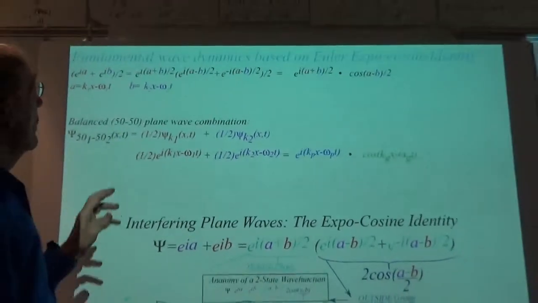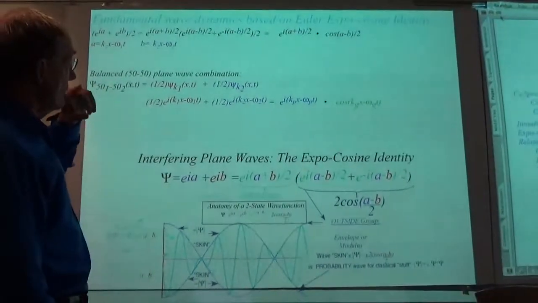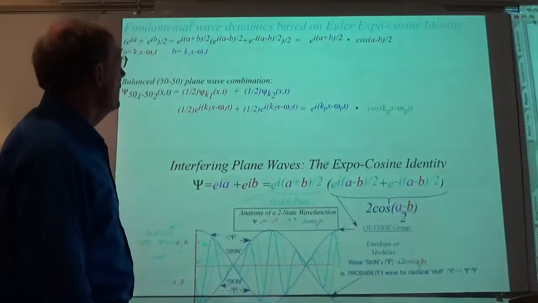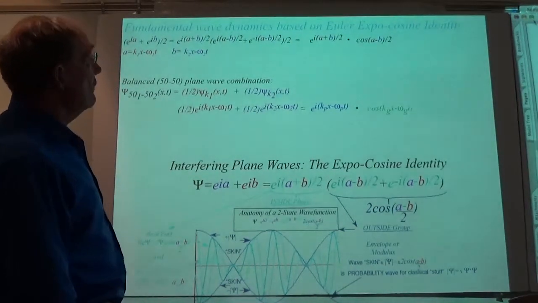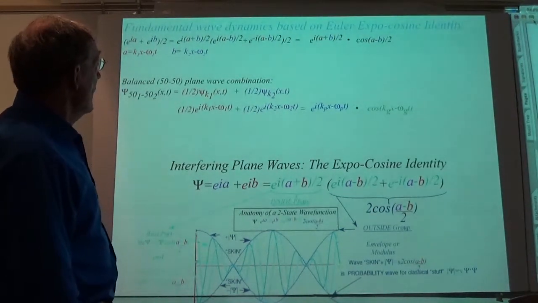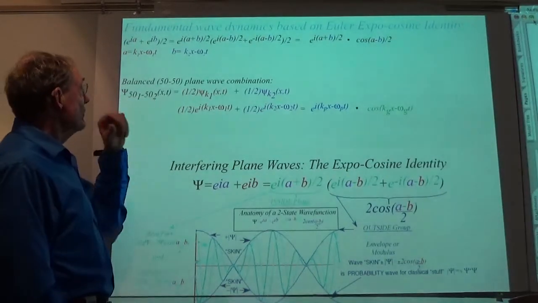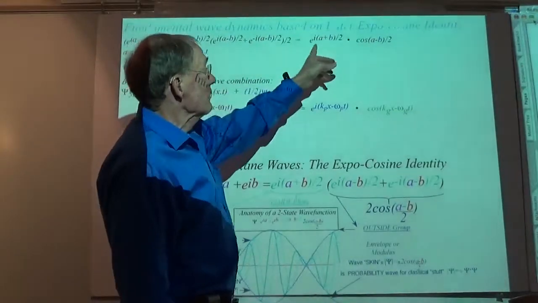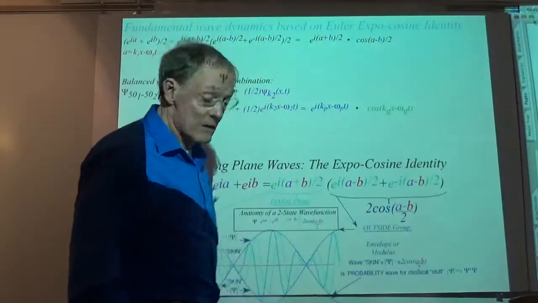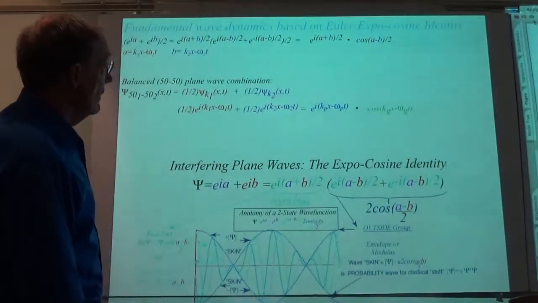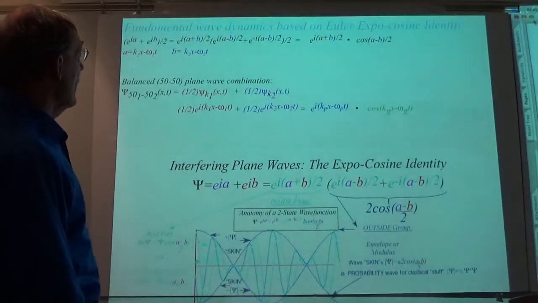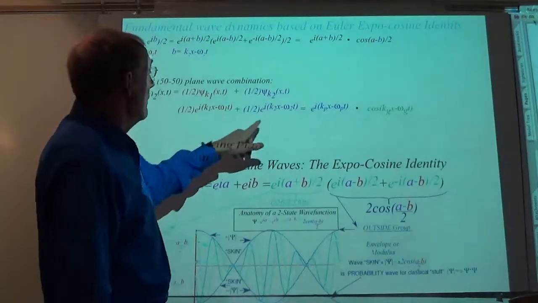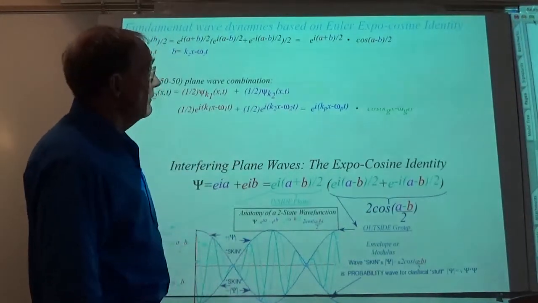Okay? So we're going to do a fundamental analysis taking this expo cosine identity that lets us factor a wave. And I'm going to just use the simplest case, a 50-50 sum here. You don't have to make it that way. You can get other combinations. But let's do the easy thing. So I'll have a K1 and a K2 that has an omega 1 and an omega 2.